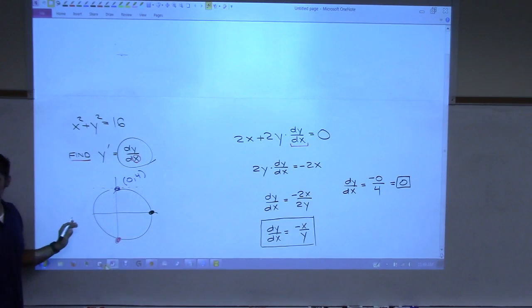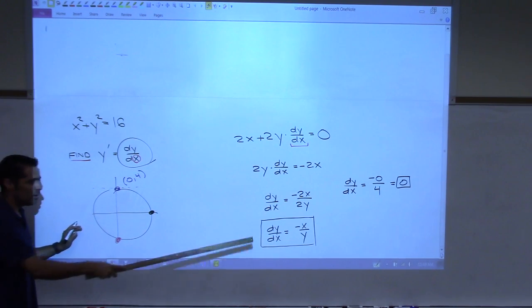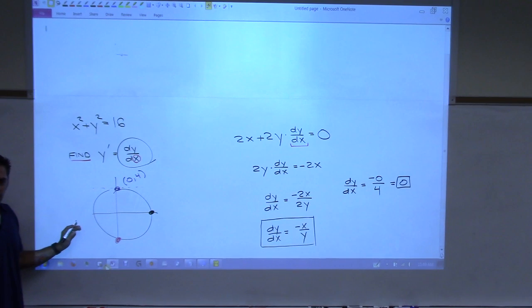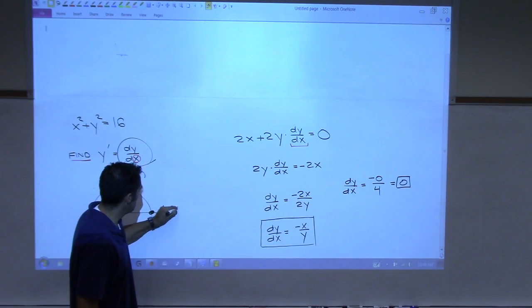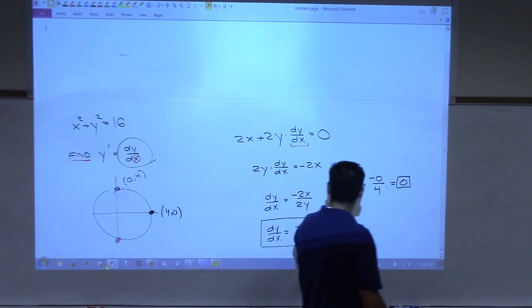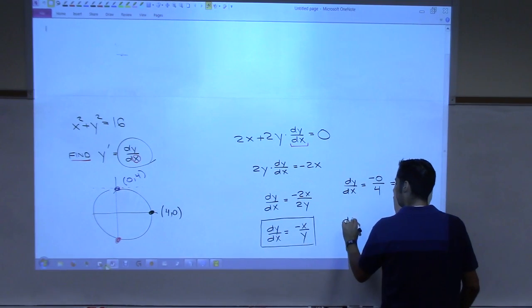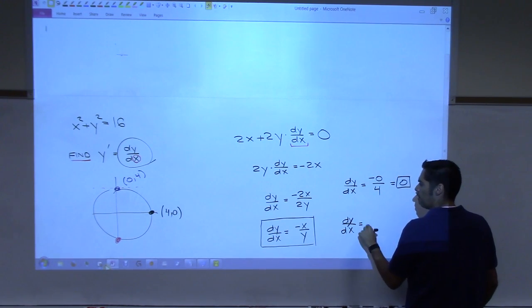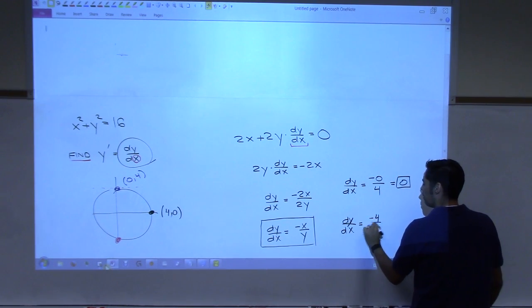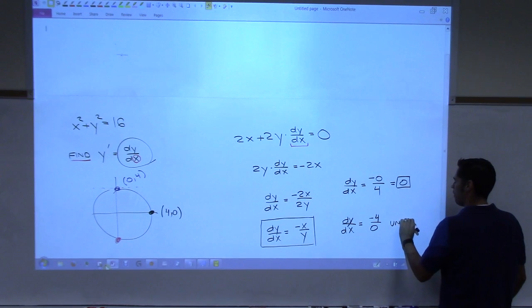And vertical lines have undefined slopes, division by 0. And guess what? Our derivative is going to show us that too, right? If I plug in this point, (4, 0), into this, I get that the derivative is negative x, so negative 4 over 0, undefined.